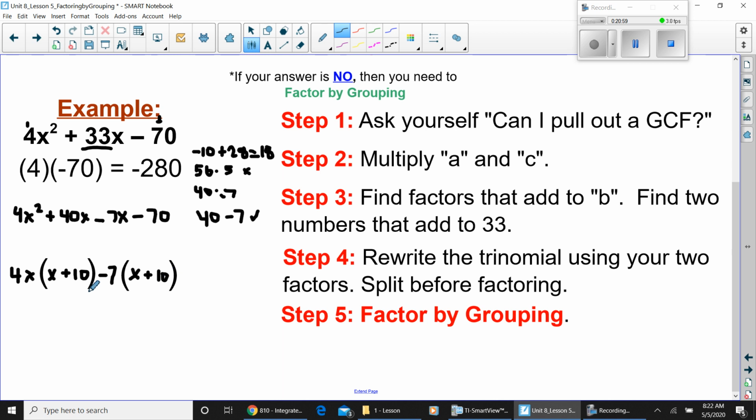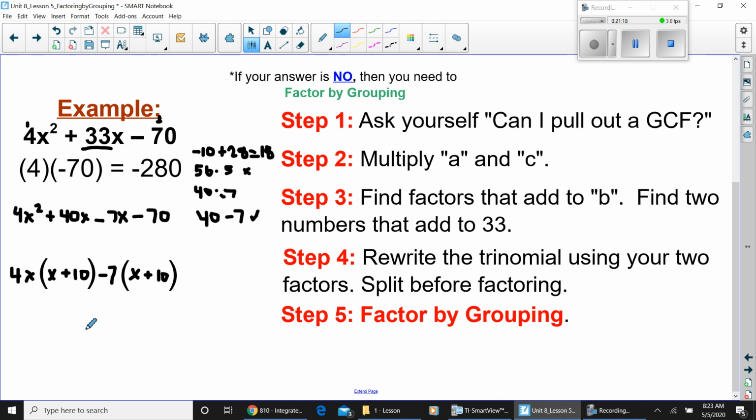Do you notice that you have inside the parentheses the same binomial? That's how you know that you're correct. Once you get this one, it should be the same as this one. If it's not, then maybe you made a mistake. So this is basically what you do.